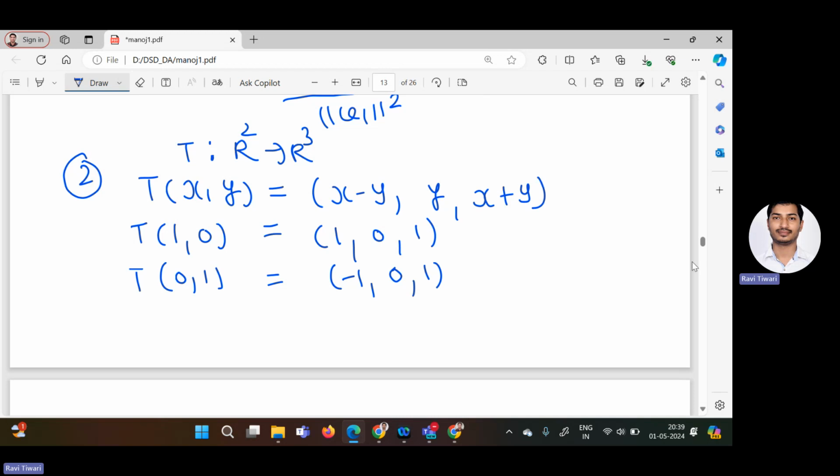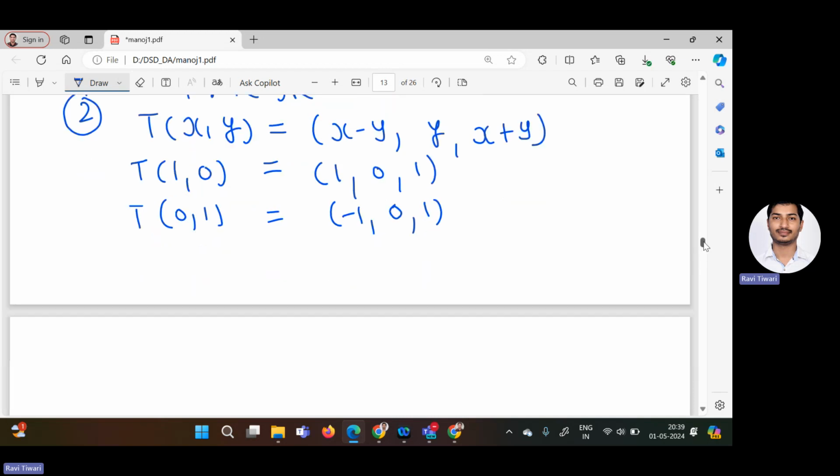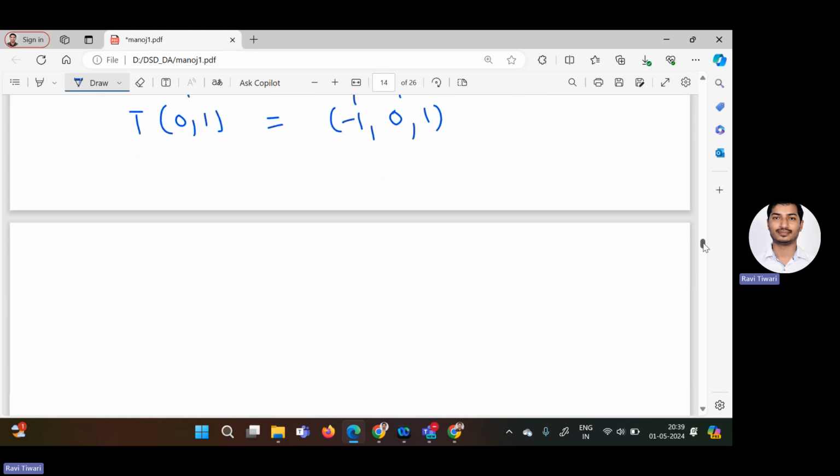After calculating the images, we can write the image set in matrix form and then calculate the row echelon form. The matrix obtained from these two vectors: the first vector is 1, 0, 1, and the second is minus 1, 0, 1.